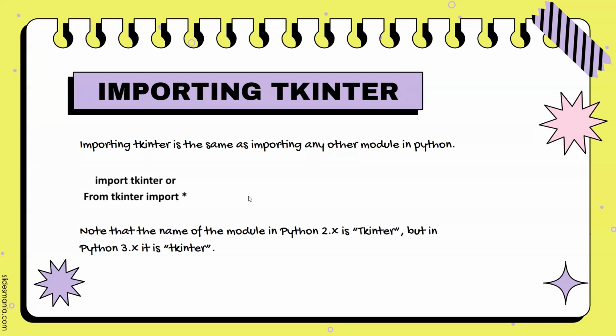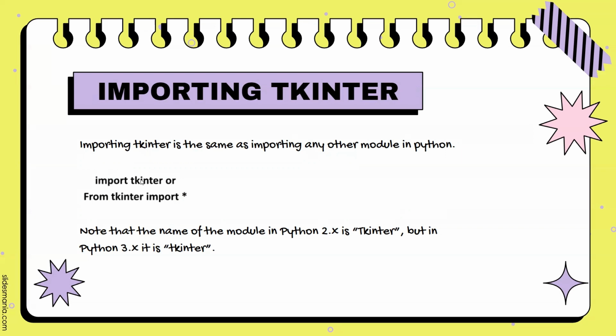So first of all, how to import Tkinter. If you haven't seen my previous video about modules and Python modules, you should really go check it out because it's going to help a lot with importing modules. But if you have seen it already, it's pretty much the same as any other module in Python.